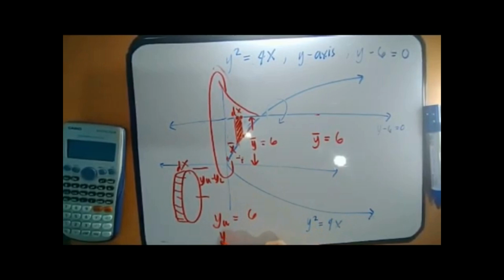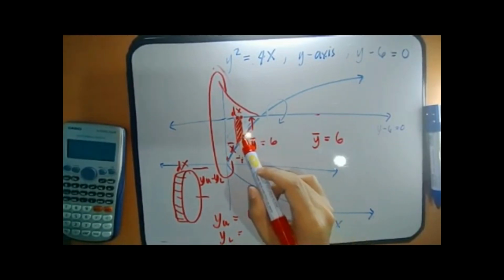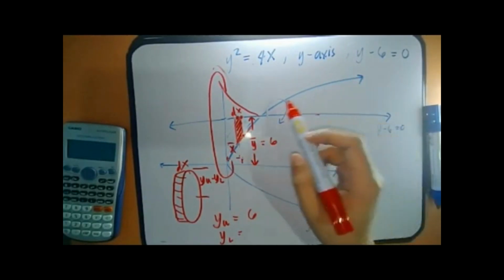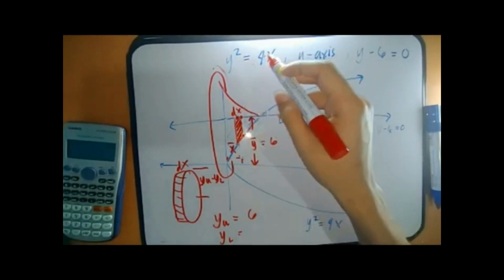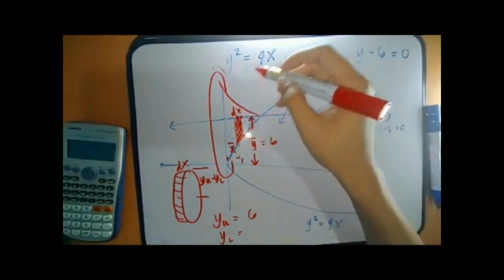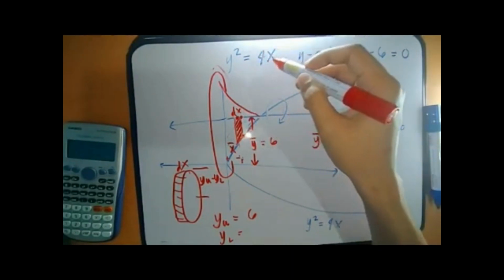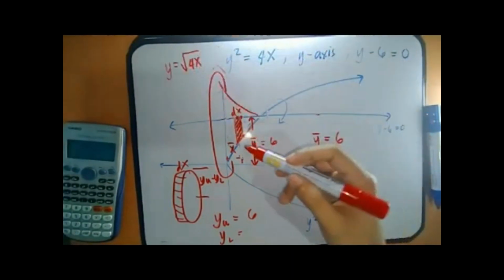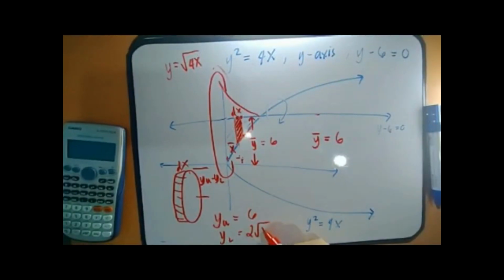And y lower will be y in terms of x of the parabola, since it touches at y lower in the parabola. We have here the square root of, so y here will be the square root of 4x. Or, we have 2 the square root of x. So, this will be our y lower.